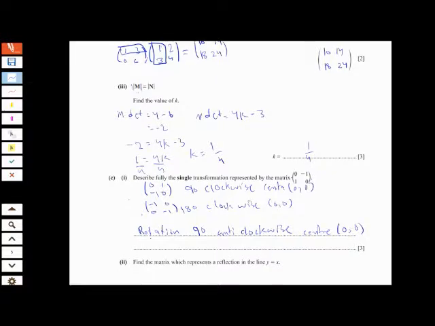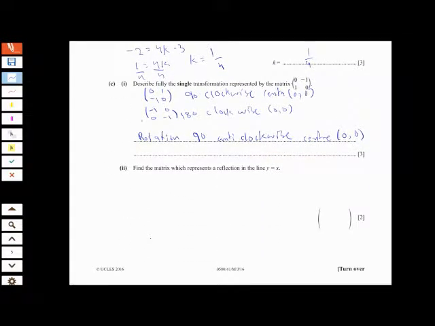Now for part II, find the matrix which represents reflection in the line y = x. It's basically (0, 1; 1, 0). Let me give you all the matrices for the reflection, which is (1, 0; 0, -1). And the other one is (-1, 0; 0, 1). The other one is (0, 1; 1, 0).